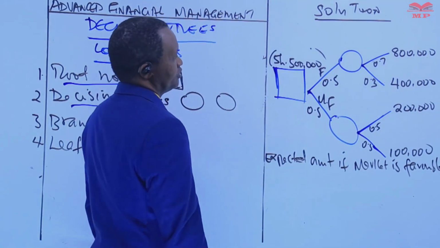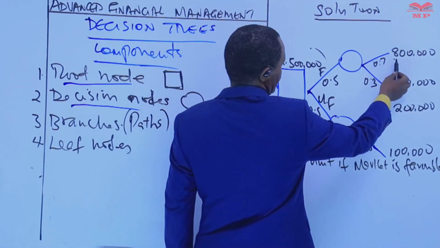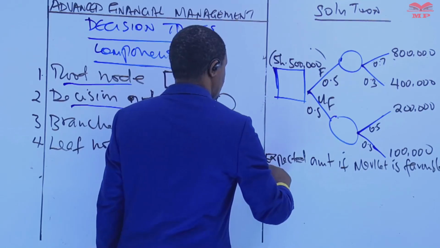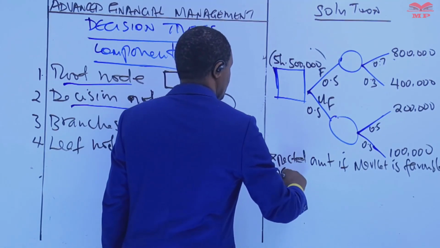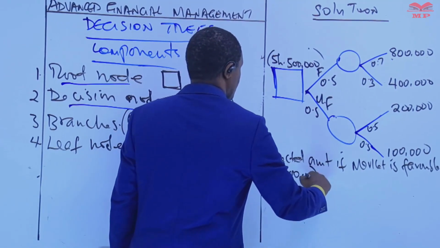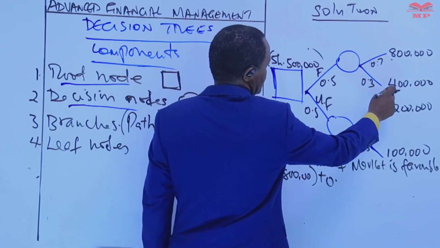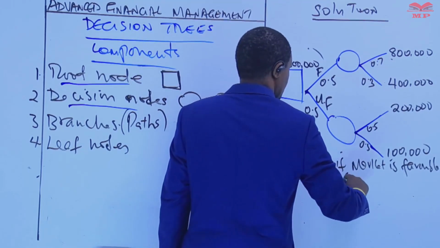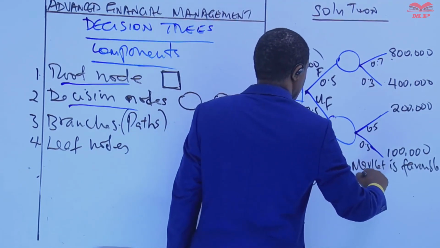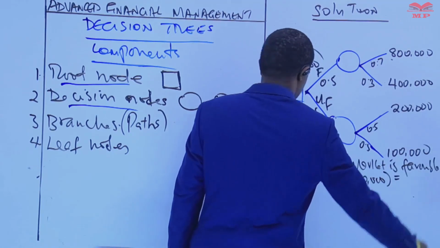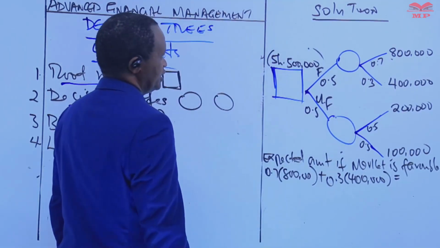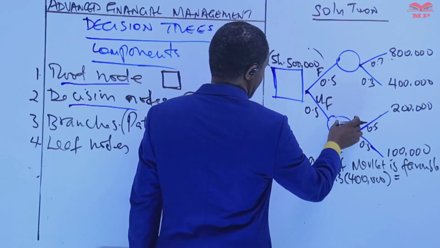And it is simple. It is 0.7 times 800,000 plus 0.3 times 400,000. How much is it?